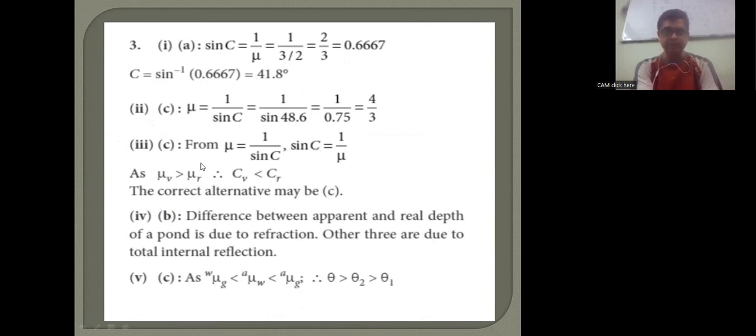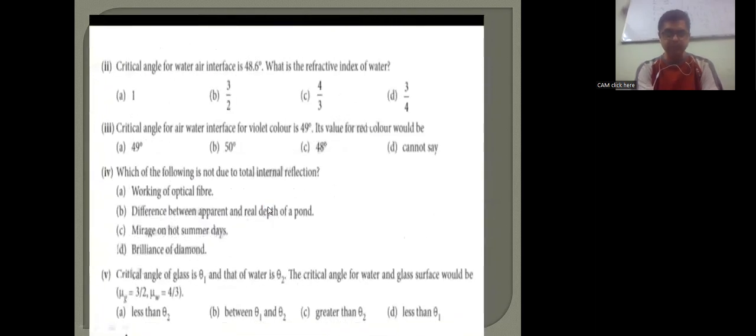We know that the refractive index of violet is more than that of red, and mu is inversely proportional to critical angle. So that means the critical angle for violet is less than the critical angle for red. So according to the options, it's C, because the only option which is less than 49 is 48 here.